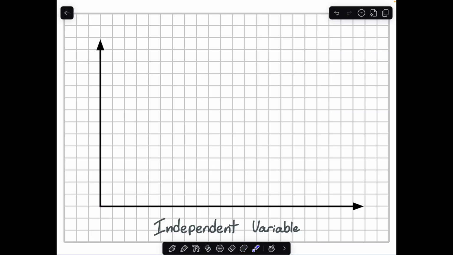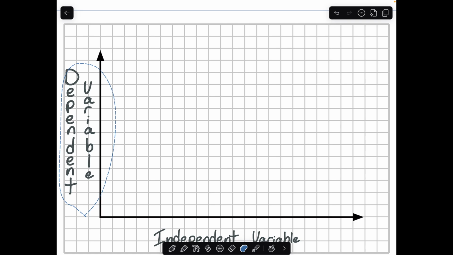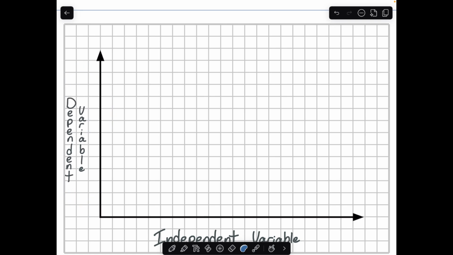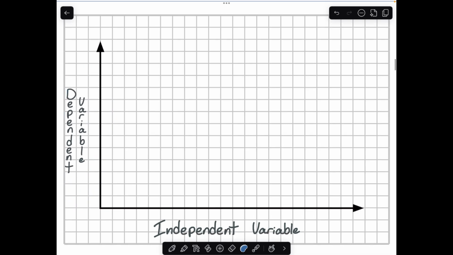The dependent variable goes here. And the graph is always titled dependent variable versus independent variable. I remember this because we read it from left to right. We see dependent variable before we see independent variable.